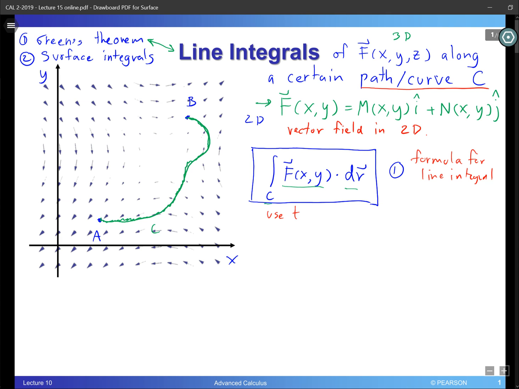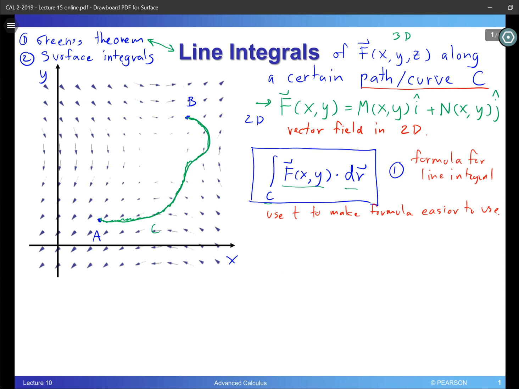Use t, the variable t, the time, to make the formula easier to use.